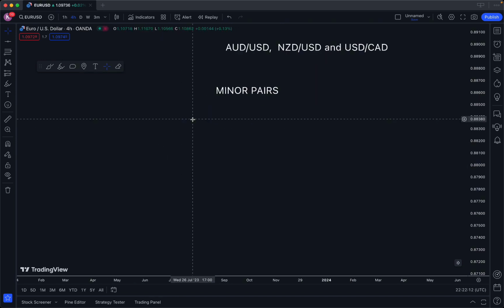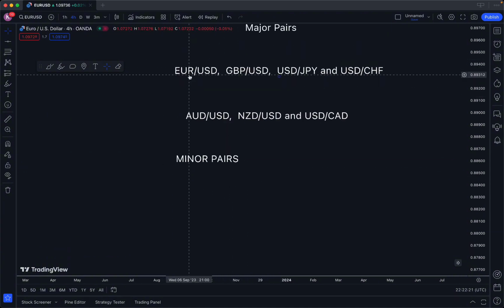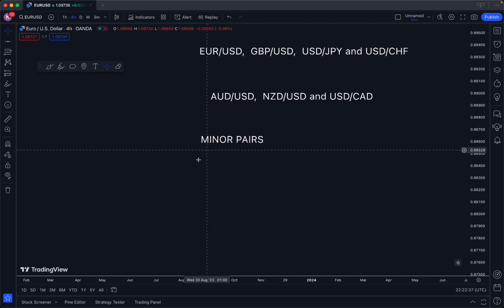From the major pairs, we have EUR as one of the major currencies, the GBP, JPY, and Swiss franc. So the pairs of these currencies aside from the USD are what are called the minor pairs.